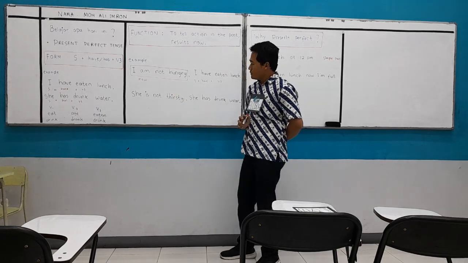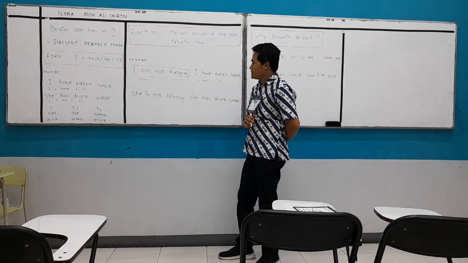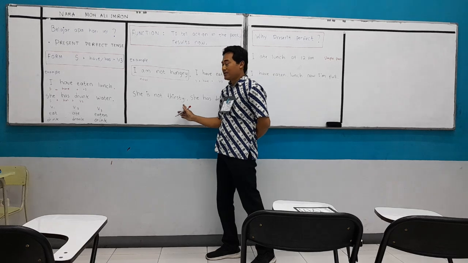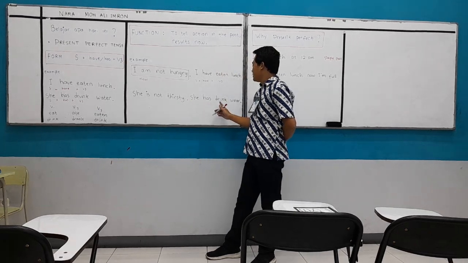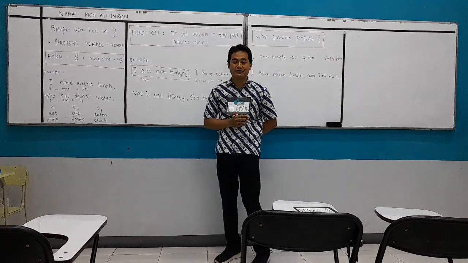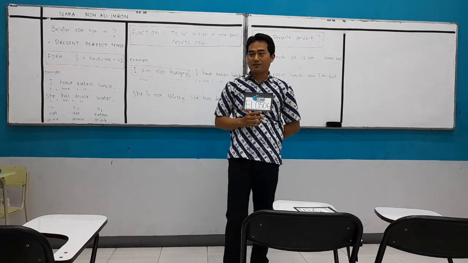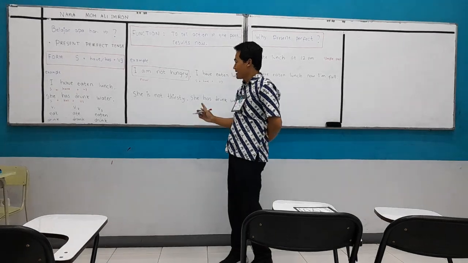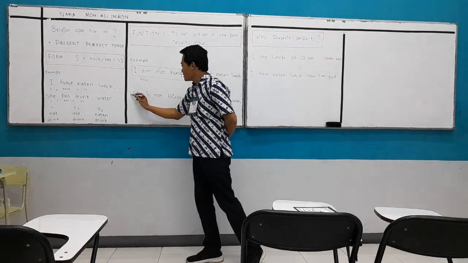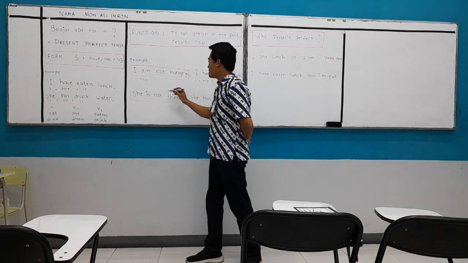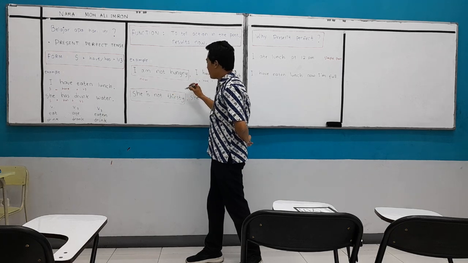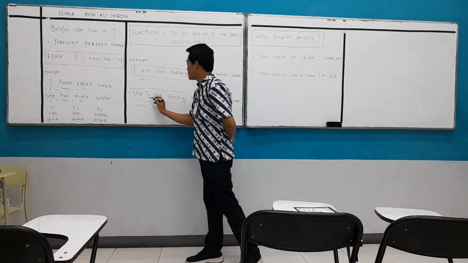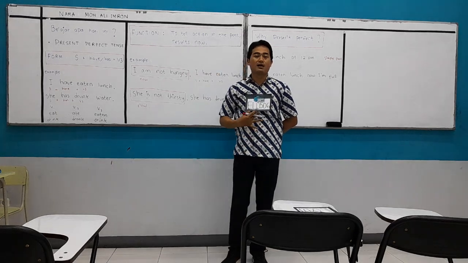Alright, now we move to the second example. She is not thirsty because she has drunk water. If you drink water, what happens? You don't feel thirsty anymore, just like this one. So in this sentence, the focus is on now, because it uses is, so the condition is now.